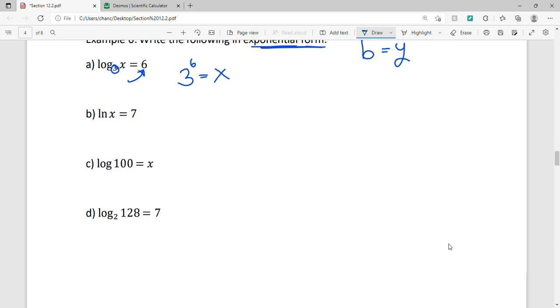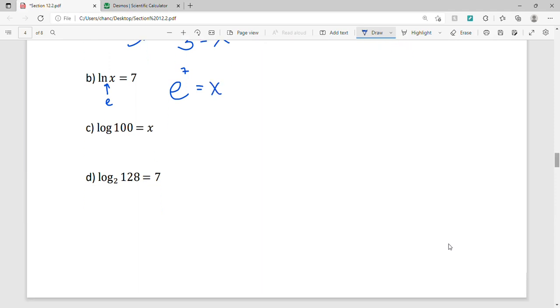For part B, what's the base? Well, the base is e, because for natural log, the base is assumed to be e. So we can write this as e raised to the 7 is equal to x. For part C, we have a log without a base. That means the base is an invisible 10.